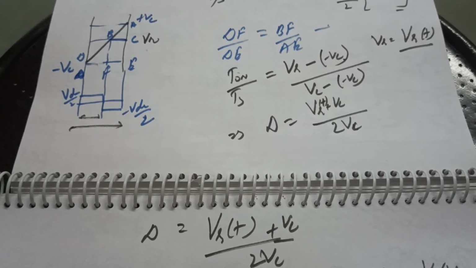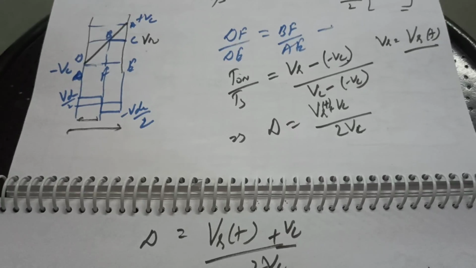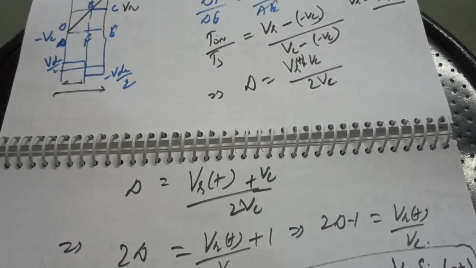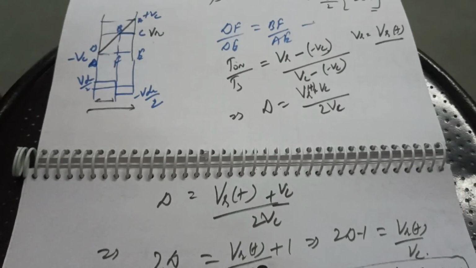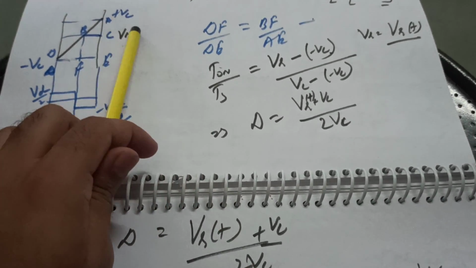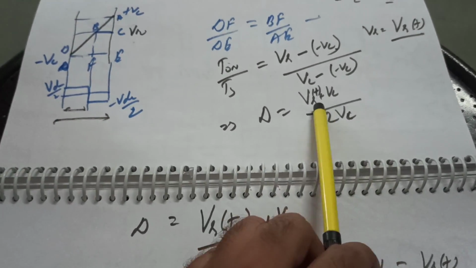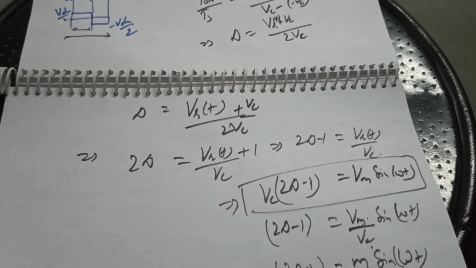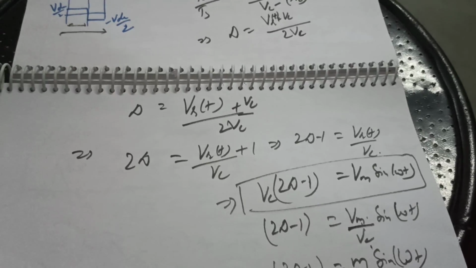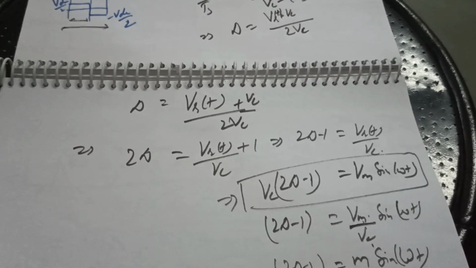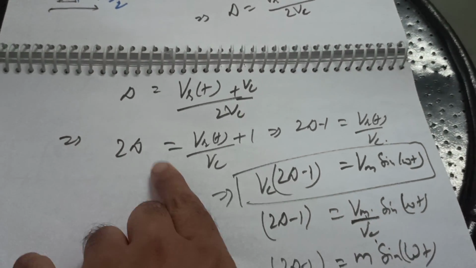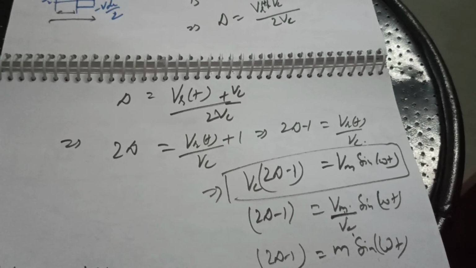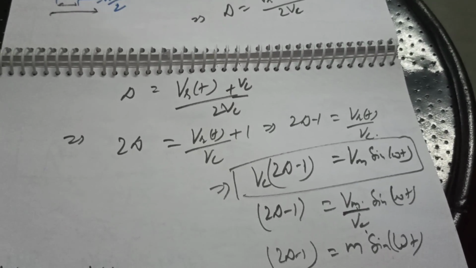Obviously both VR and VC are functions of time, so I have represented them as functions of time. And this VC, be very clear, is a peak value, but this VR is a function of time. So 2D becomes VR(t) by VC plus 1, that is, take this 1 aside, 2D minus 1 becomes equal to VR(t) by VC.